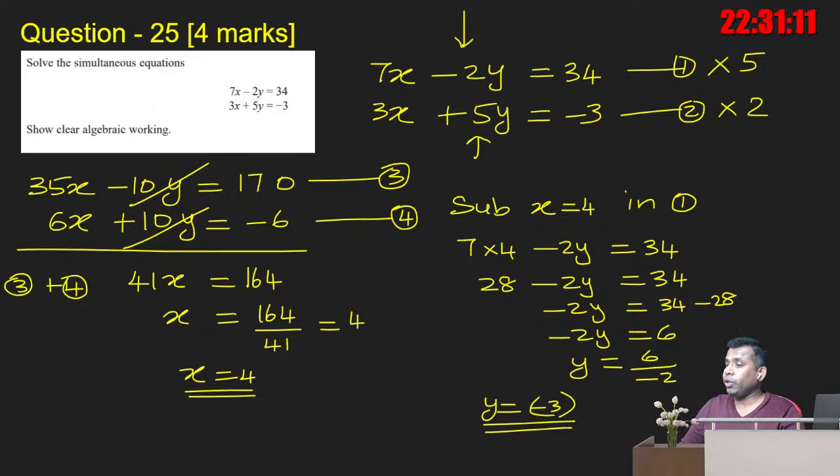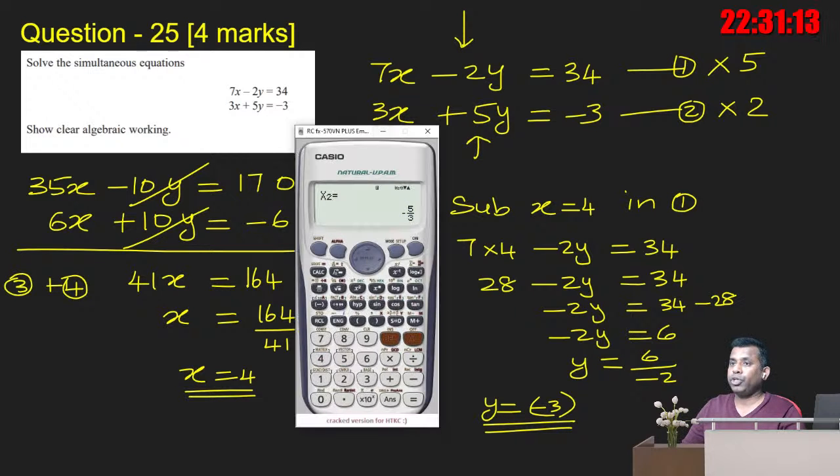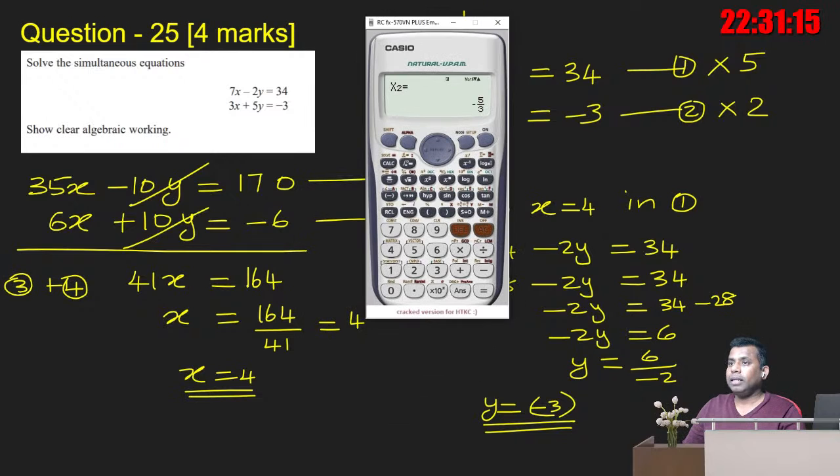Let me quickly show you how to do the same question in a calculator, right? In the calculator, there is a button option. In my calculator, it shows number 1 is simultaneous equation, with 2 variables or 3 variables. So I'm just going to go again.